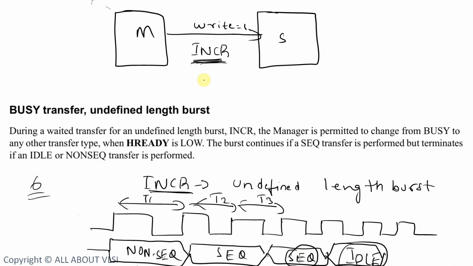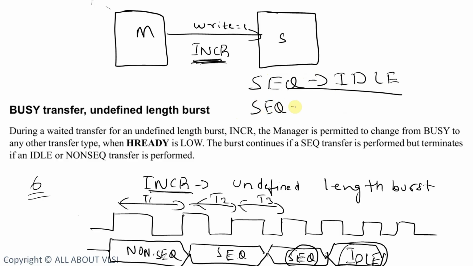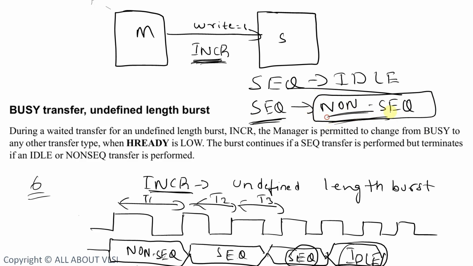If it is changing the transfer type from sequential to idle, that means the transfer has entirely completed, and the master is entering the idle state. But if the master is changing the transfer type from sequential to non-sequential, that means the present transfer has completed and it is going to start a new transfer, because non-sequential stands for a new transfer.